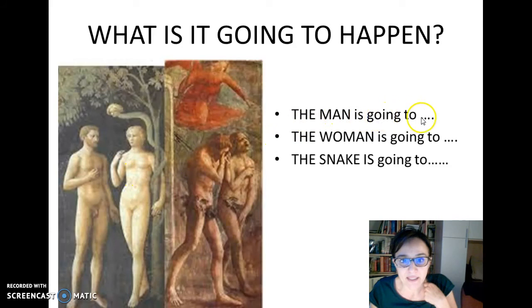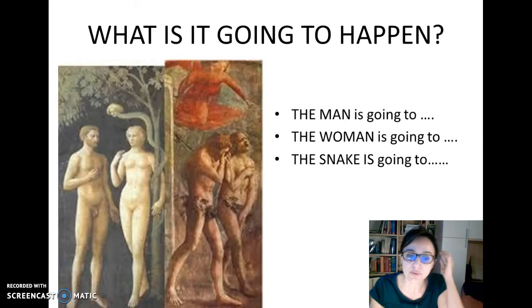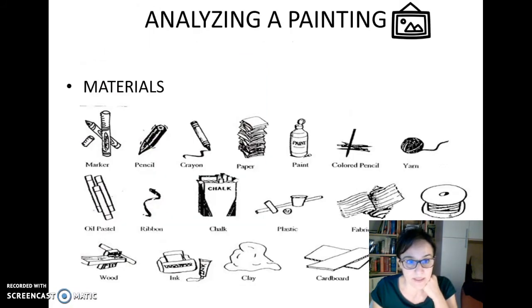The man is going to, what is going to do here? The woman is going to, or the snake is going to do what? This is useful to describe the action which is going to happen in a painting.